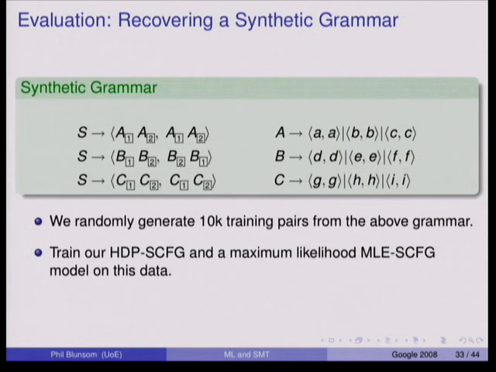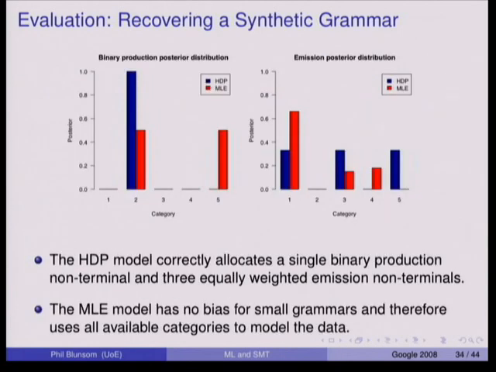So what we do is we randomly generate 10,000 examples using that grammar, and then train our model, and we also train a maximum likelihood model using the EM algorithm, and see what happens. So here in blue is the Bayesian hierarchical Dirichlet process model, and in red is the maximum likelihood model. On the left is the binary production distribution, and on the right is the emission distributions.